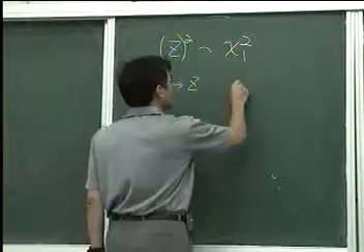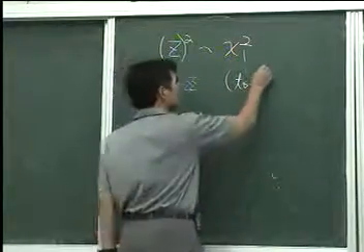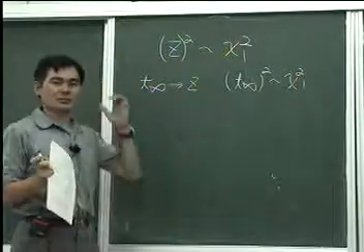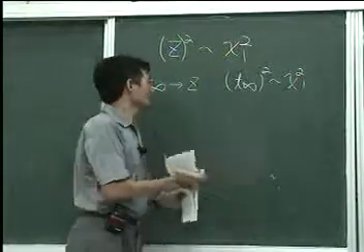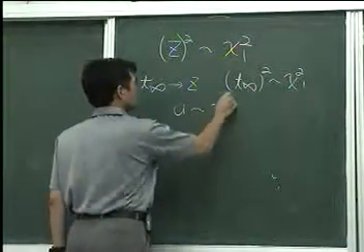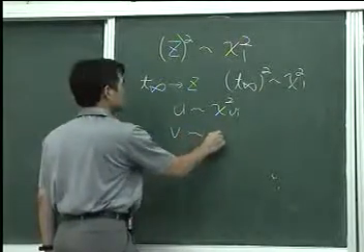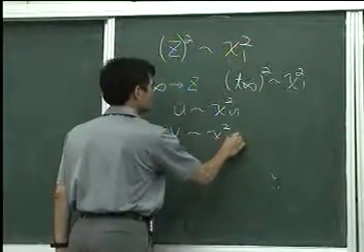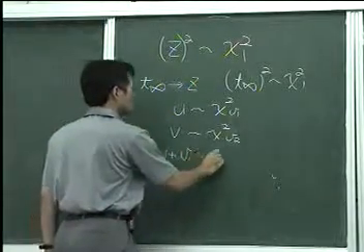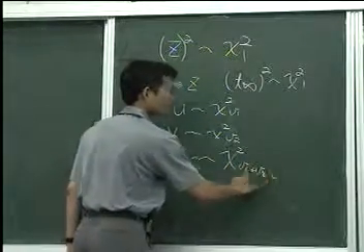So we also know that t distribution with degrees of freedom, squared, is also chi-square distribution with degrees of freedom 1. And u, let us say, is chi-square distribution with degrees of freedom v1, and v is chi-square distribution with degrees of freedom v2. Then u plus v will be chi-square distribution with v1 plus v2, right?